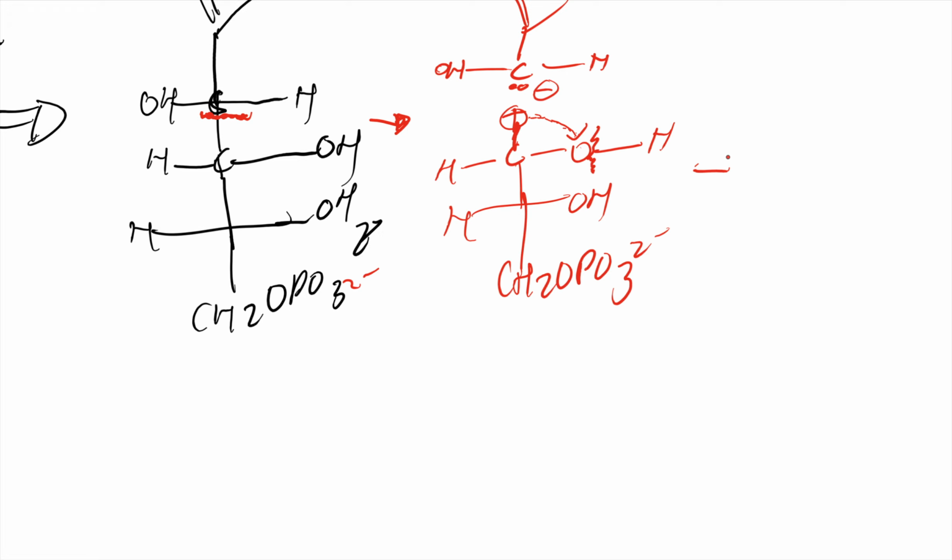So when it breaks it, this oxygen becomes negatively charged at that instant. So that's why this carbon makes this double bond with the oxygen. But now we have this free hydrogen. Yes. So look at what happens here.